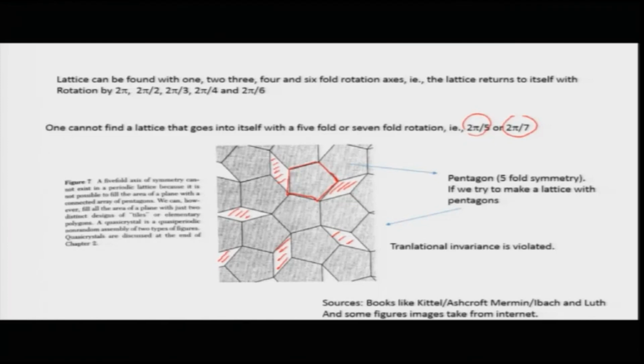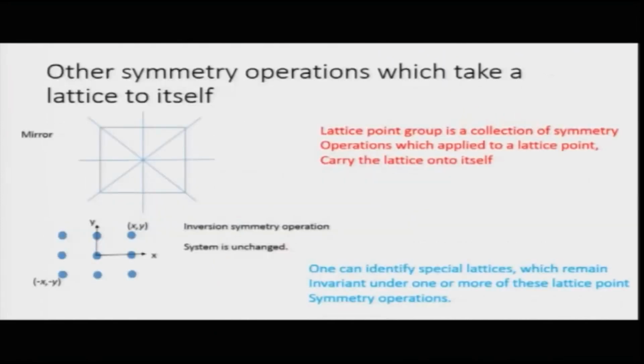So, these are symmetry operations which are used for classifying lattices. And there are other important symmetry operations, for example mirror symmetry. If you take this square lattice of points and I put a mirror along this line which I show you here, then I will see exactly the same lattice.